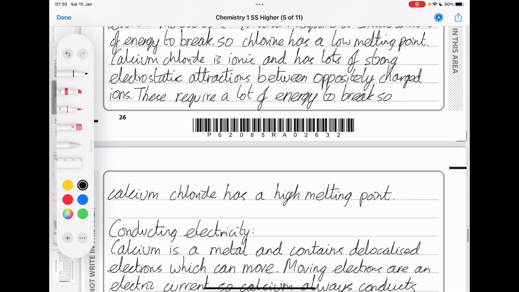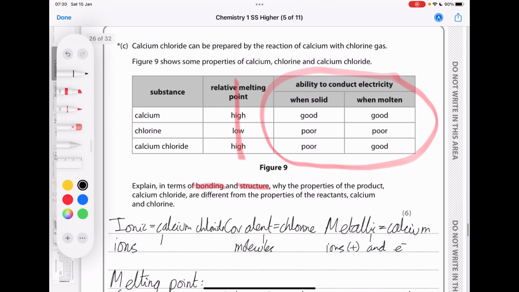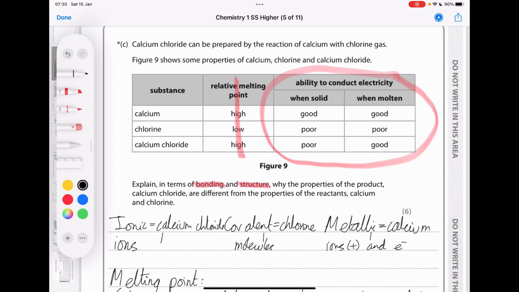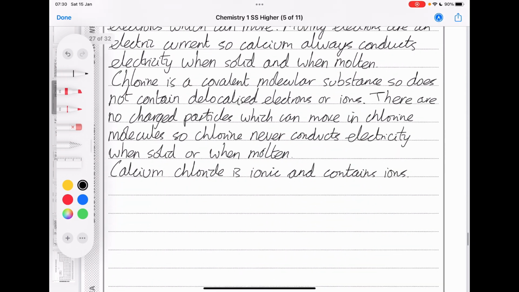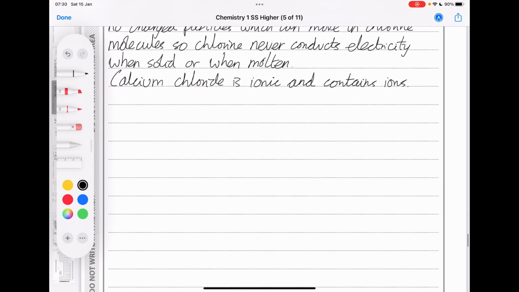Now this is where it gets a bit more complicated, because calcium chloride's conductivity changes from poor when solid to good when molten. So this time we can't sum it up in one point, we have to make two separate points. So we should say calcium chloride is ionic and contains ions.